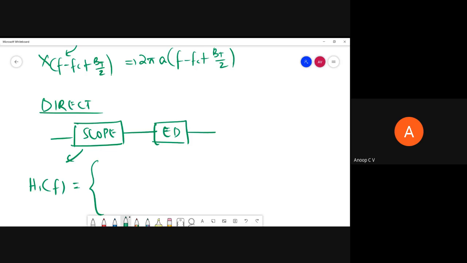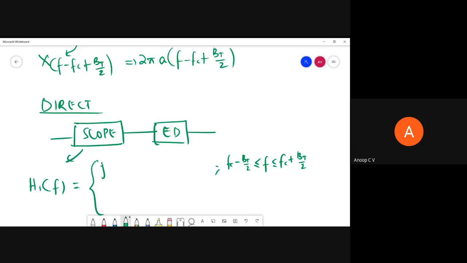It should be imaginary, so it should start with a j. And it should be defined over a prescribed frequency interval, which we define as fc minus bt by 2 less than or equal to f less than or equal to fc plus bt by 2.